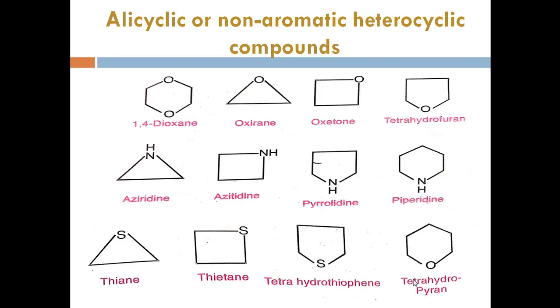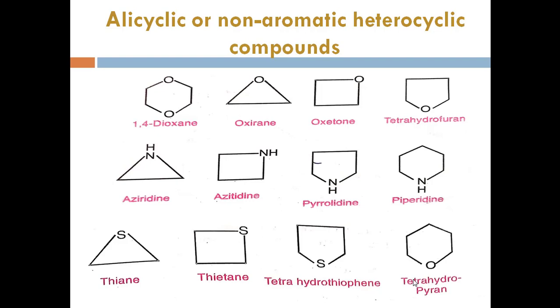What is Huckel's rule? According to Huckel's rule, or the rule of aromaticity, the compound should contain 4n plus 2 pi electrons, or delocalized electrons, in its structure, right? So here, see the first example, 1,4-dioxane.